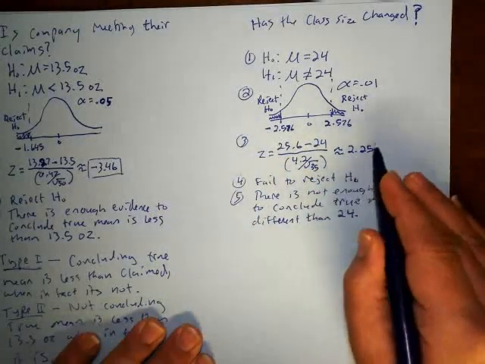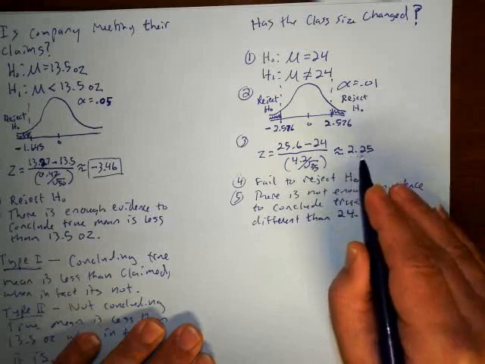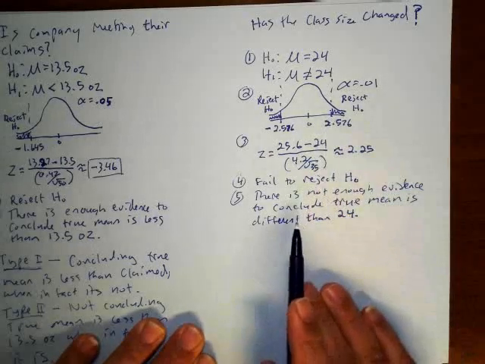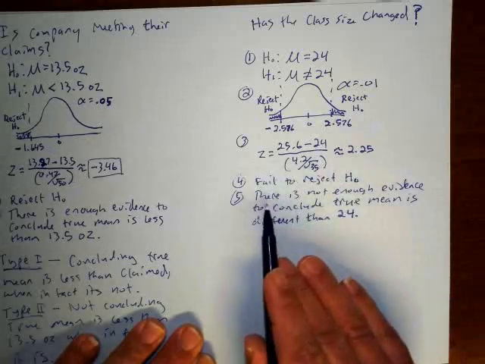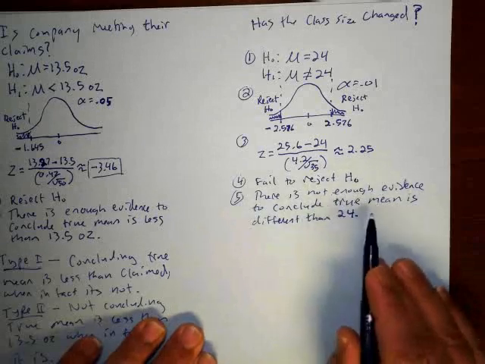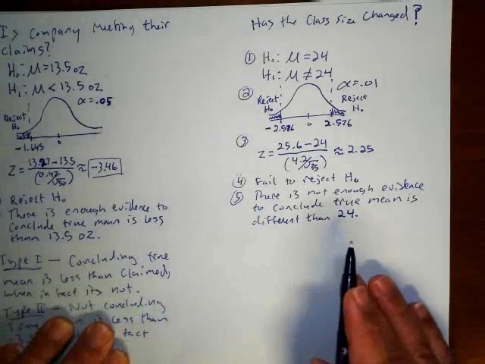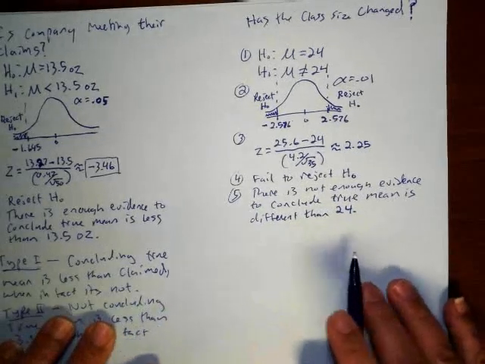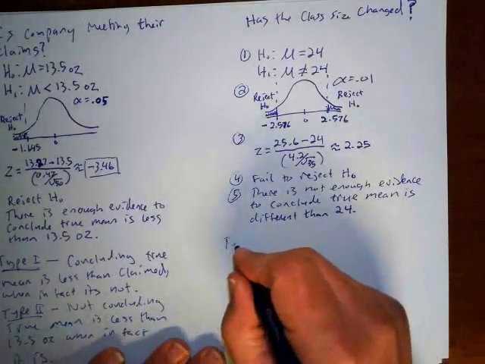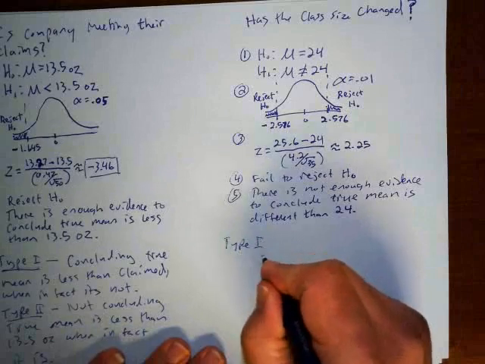And our test statistic here is 2.25, which actually was not enough evidence to reject. So I would fail to reject H0. And that means there was not enough evidence to conclude that the true mean is different than 24. Okay, we're going to analyze this here in a second, but first let's write down the two types of errors.